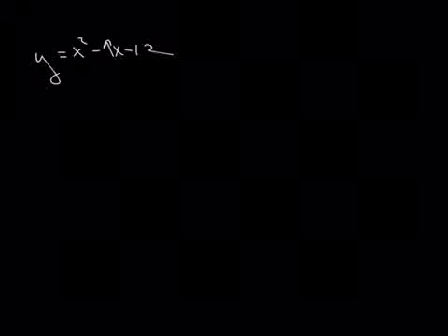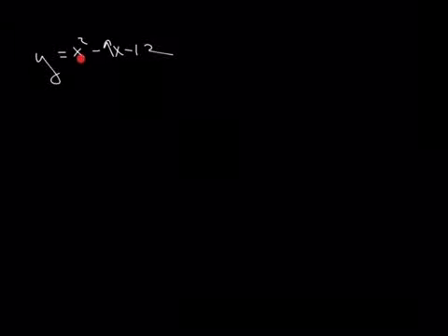So dealing with functions, we're going to come up with a concise notation for functions, or a way to write those. So instead of writing something like y equals x squared minus 9x minus 12. All right, let's look at what we've got here. We've got a domain.